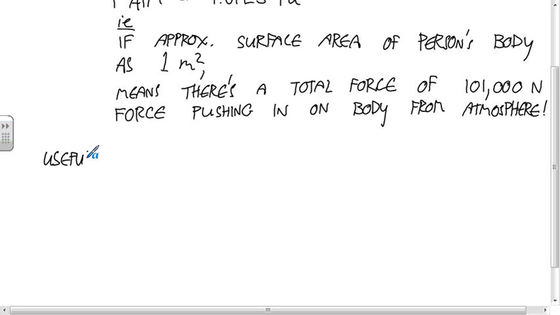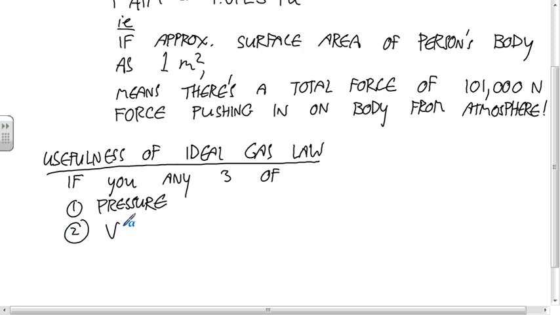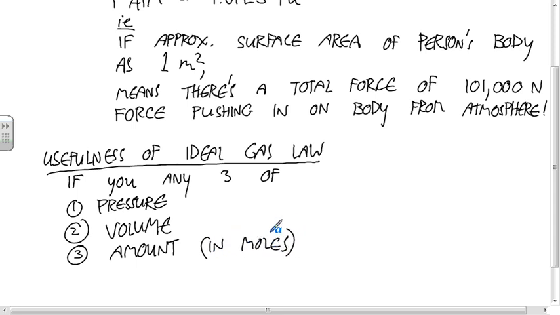So here is the usefulness of the ideal gas law. If you know any three of the following quantities: pressure, volume, amount in moles, but you can figure out the number of moles from the mass of the gas, and I'll do some examples like that, you could figure out the number of moles you have.